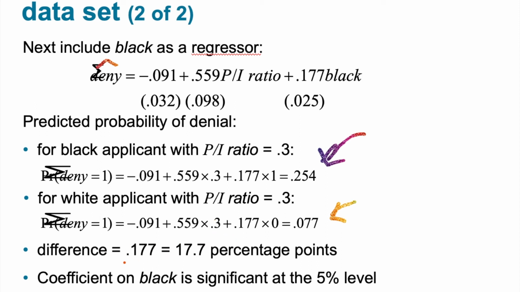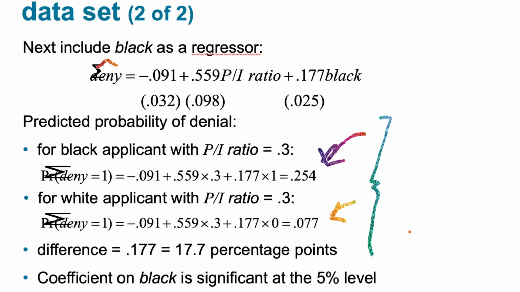And the coefficient on black is significant at the 5% level. So what this is telling us is that there may be racial discrimination in the assessment of mortgage applications, because black applicants are being denied at a higher rate than white applicants at the same payment to income ratio.